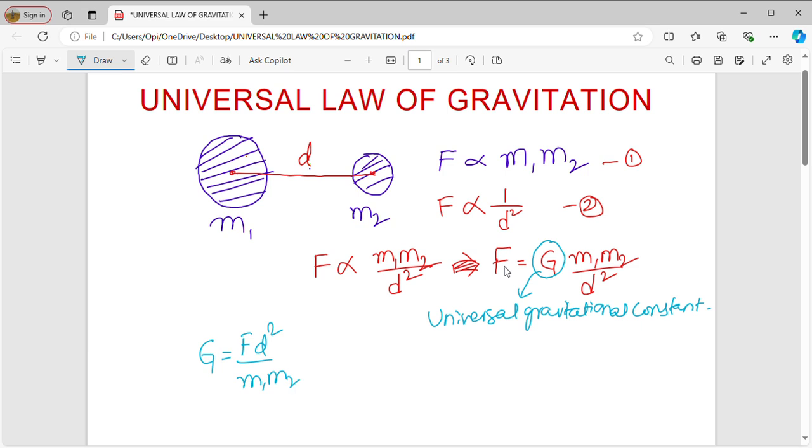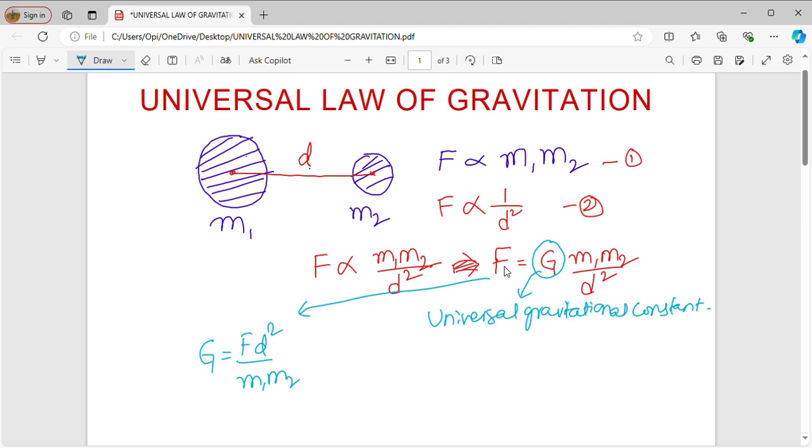This is self-explanatory. What we are doing is keeping F aside and sending the other parameters across. So d square is coming over here, and m1 m2 is coming to the denominator. Now, coming to the units of G.